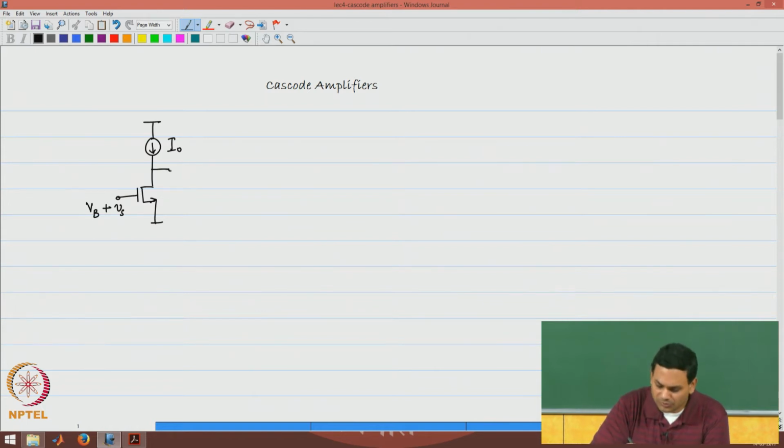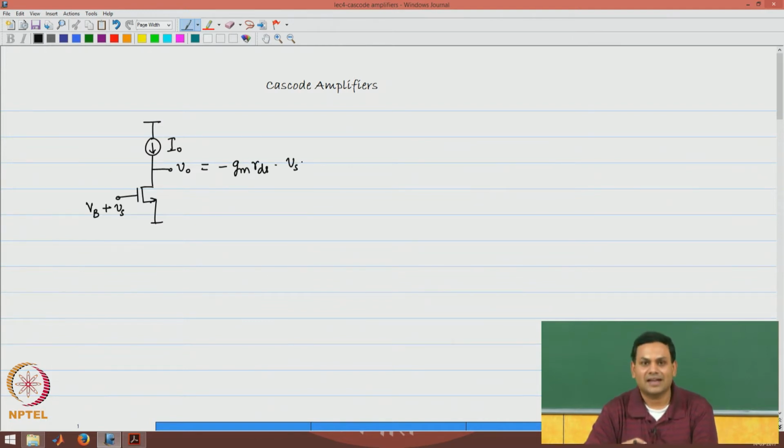We know that the output voltage taken at the drain for the amplifier is equal to minus Gm RDS times Vs. So, the gain of the common source amplifier is negative, and for this particular circuit it is minus Gm RDS, because I am using an ideal current source as the load for the transistor.